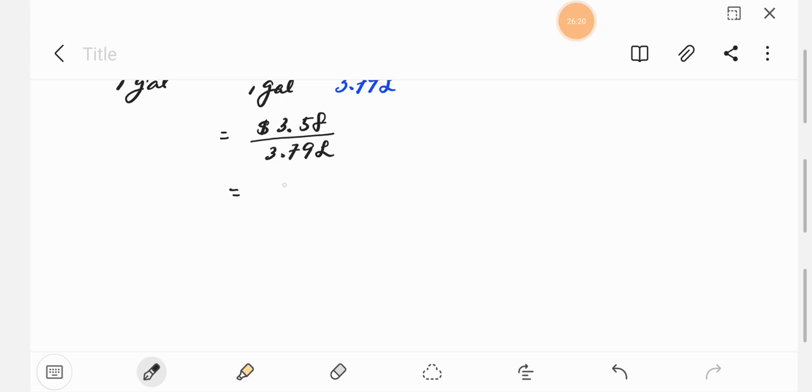So this is approximately equal to 0.945 in the numerator, and the denominator is what? It's a liter, right? So we can write it like this: $0.945 per liter. Over liter means per liter, right?